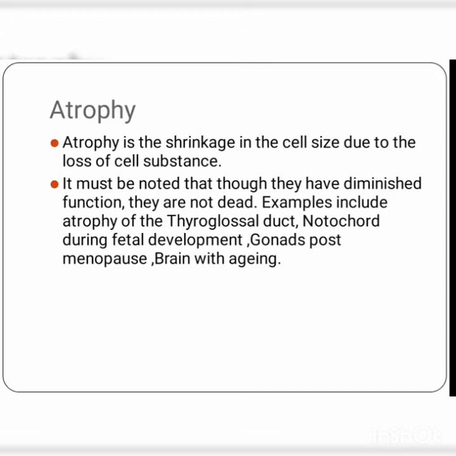An example of it is severe muscle wasting due to protein catabolism in PEM, protein energy malnutrition, the marasmus. The second example is pressure atrophy due to any mass, be it a cyst or a tumor, that compresses an adjacent organ. For example, nerve root tumors compressing the spine.